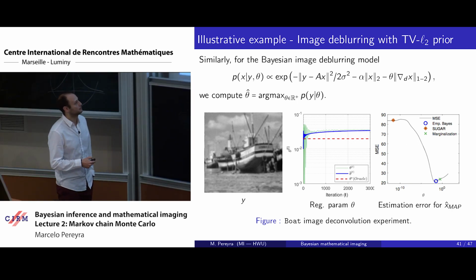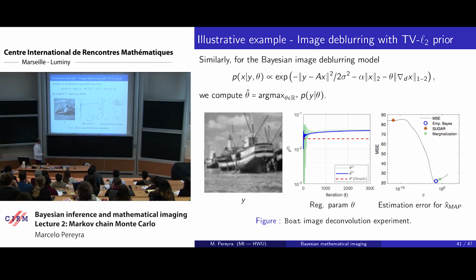These experiments are thanks to Anna. And what we see is that in a couple of iterations, let's say 500, 1,000 iterations, theta converges to a value that is not too far from the optimal value that we're showing here, because with the ground truth we know the original boat image. And if we look at the curve of MSE values, we see the optimal is somewhere here, and our estimate is just next to it.